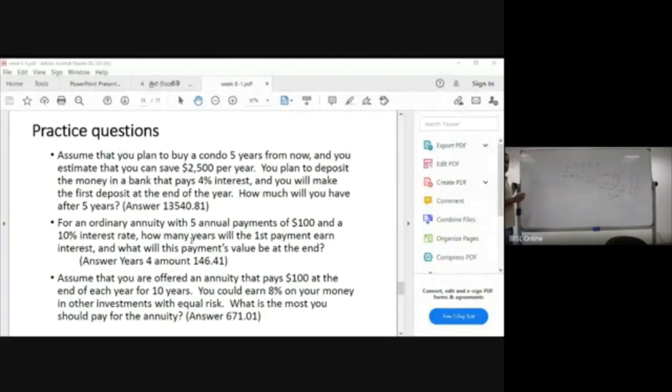It's an annuity. 5 annual payments of 100, at 10% interest. N is 5.